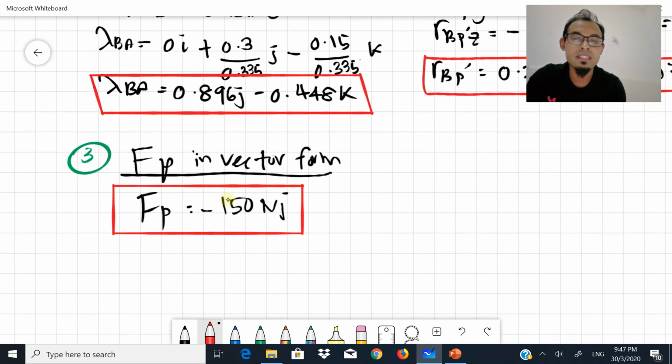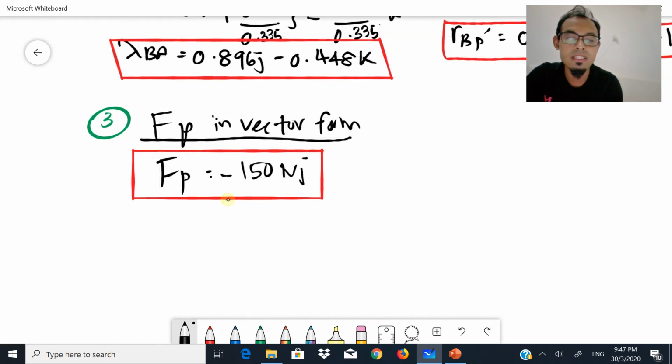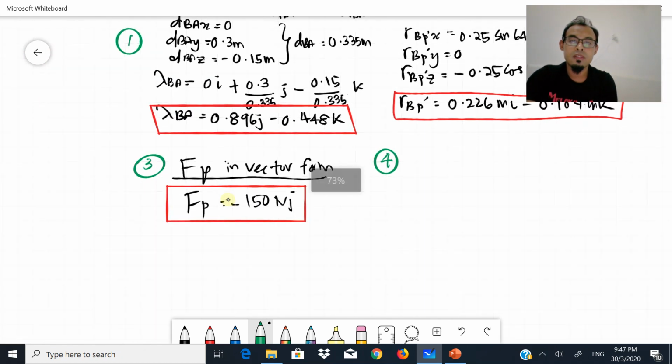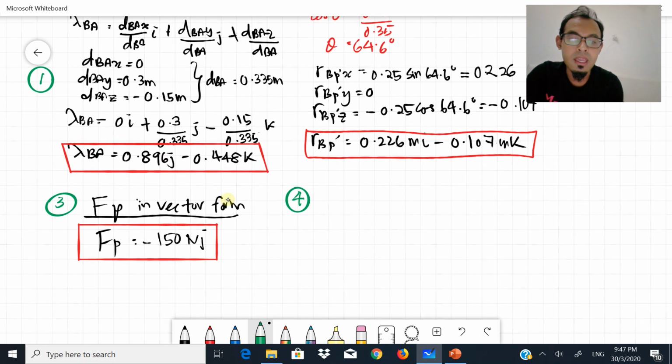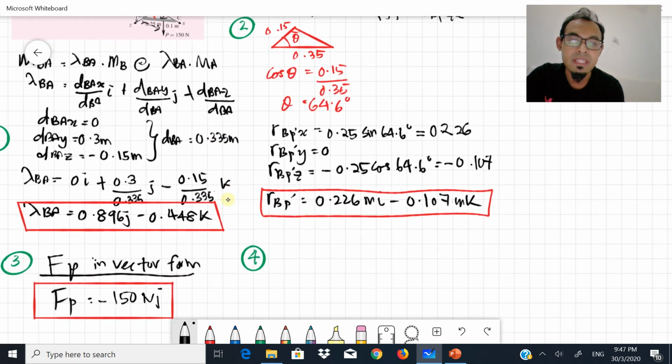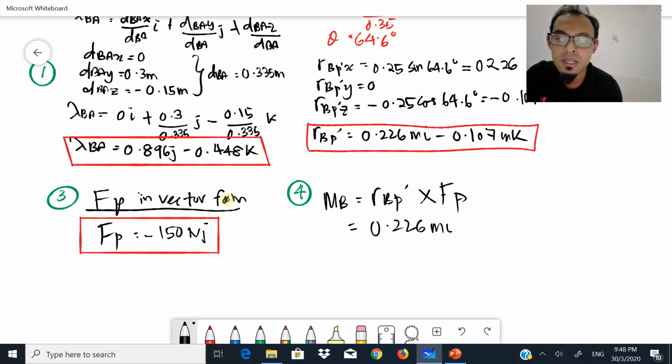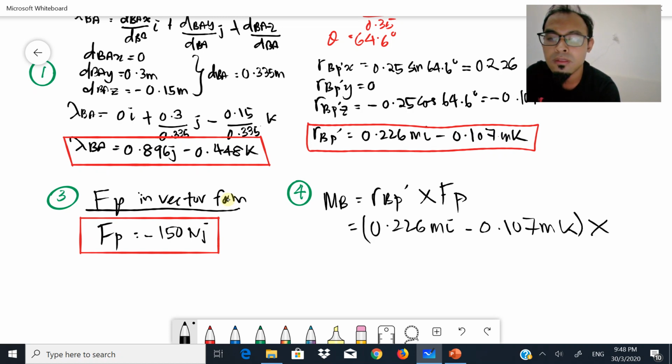The fourth step is we find the moment M_B. So M_B equals r_BP cross with F_P. So we have 0.226 meter i minus 0.107 meter k cross with minus 150 Newton j.